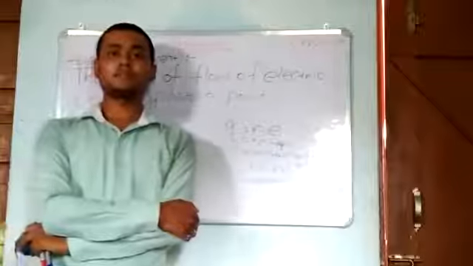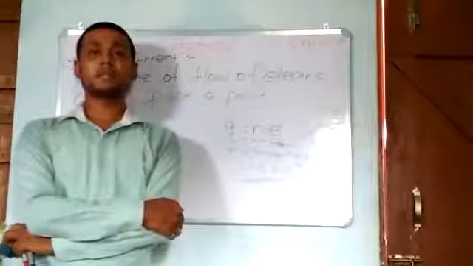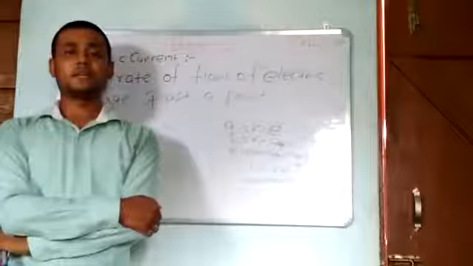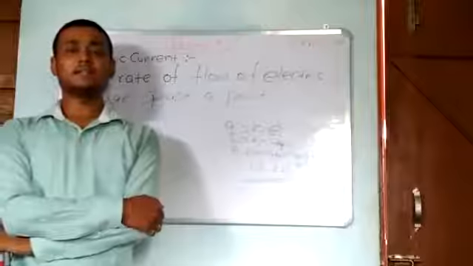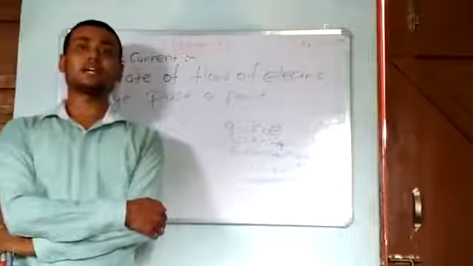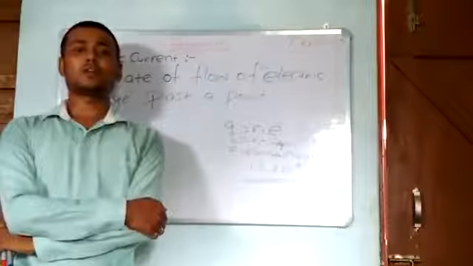In this chapter, the first topic is electric current. What is electric current? Electric current is the rate of flow of electric charge from a point.